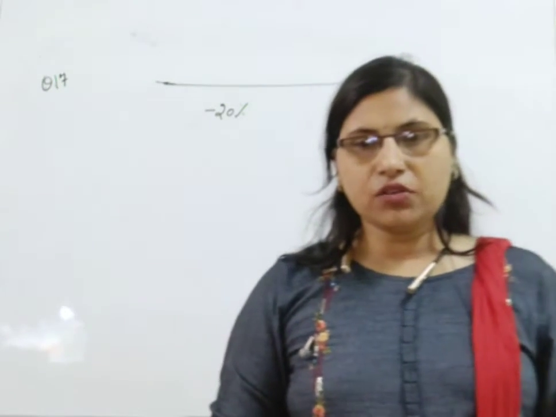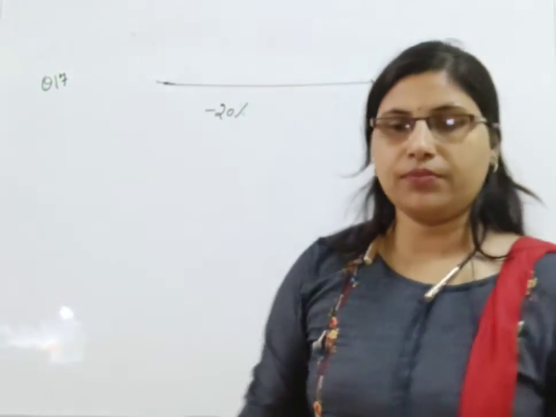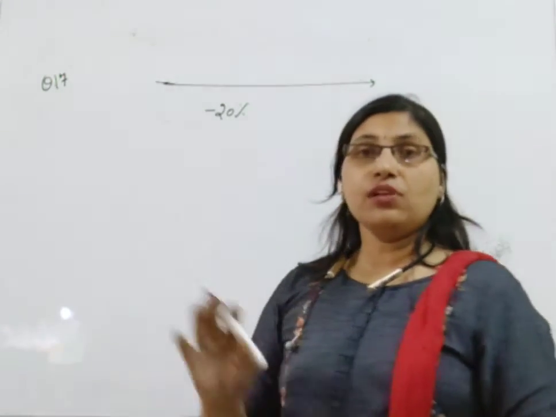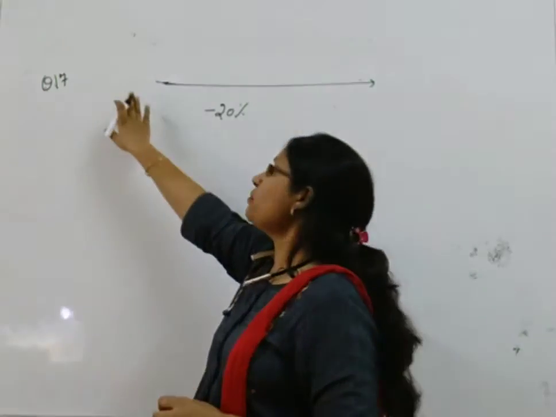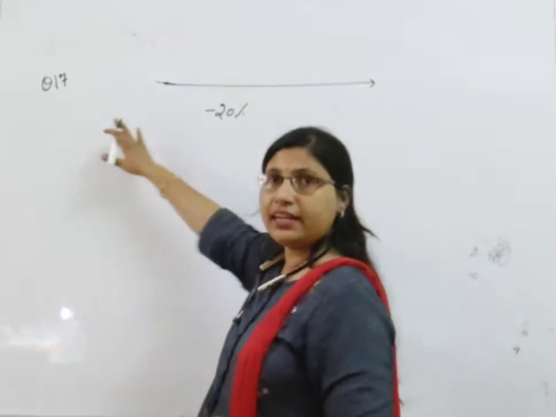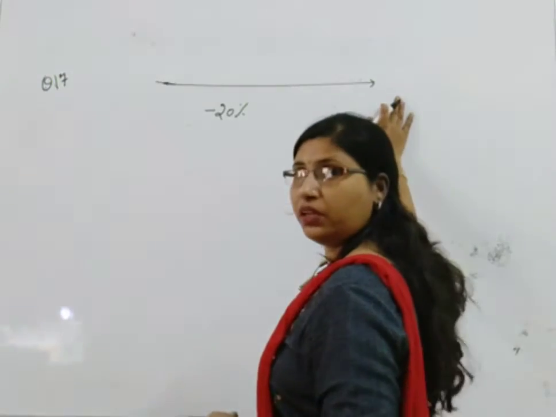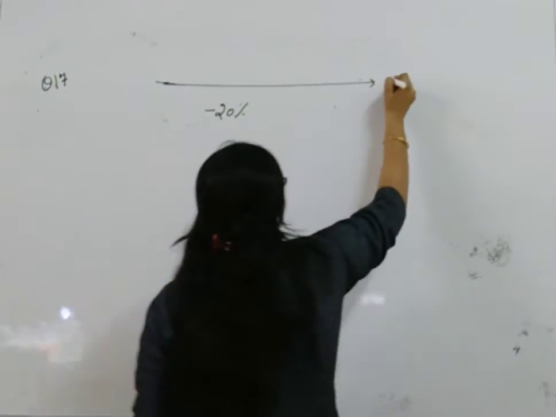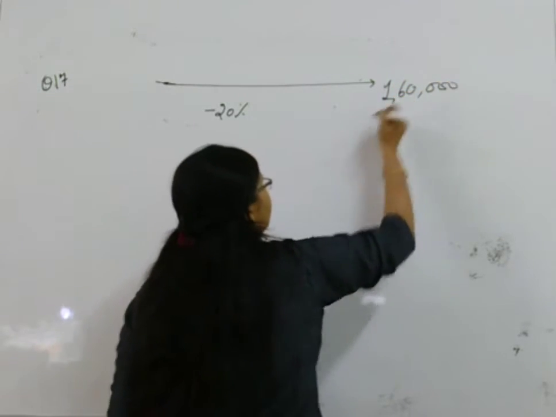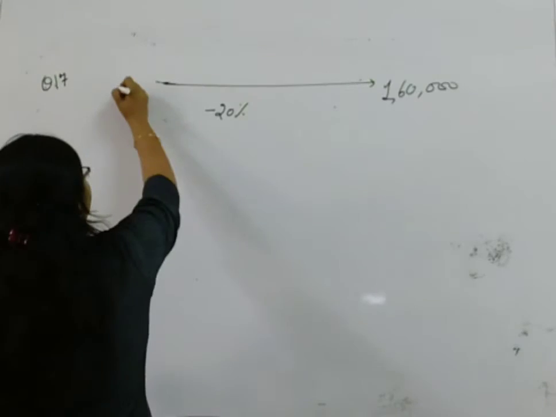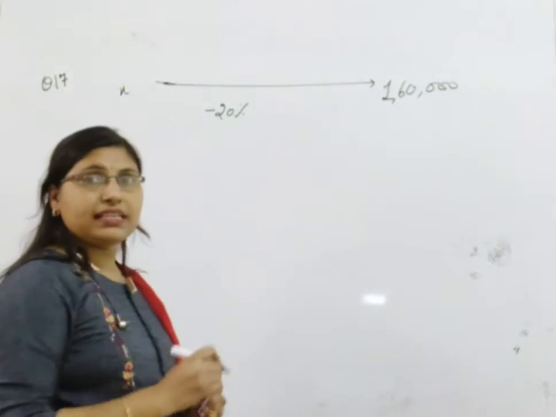Now it is given in the question that the present value of the machine is 1,60,000. So what is the value last year? Last year in the time sequence should be on the left side and the current year on the right side. So the value in the current year is 1,60,000. So let the value in last year be rupees x.